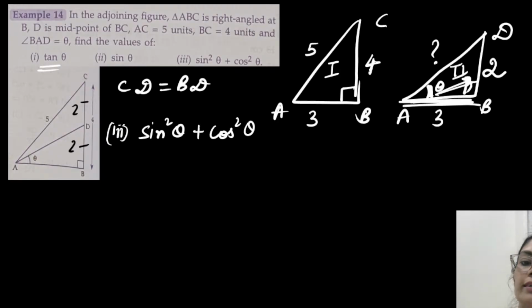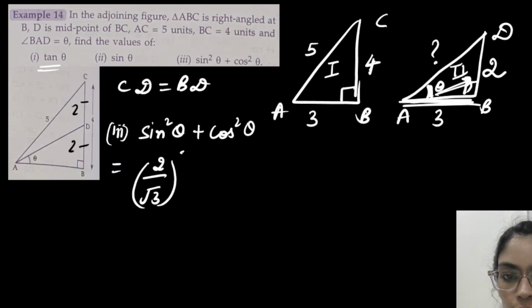Many times I have told you and we have done sine square theta plus cos square theta, it's a square relation. But now we don't have that relation, we have to prove it. Sine square theta's value we already found: 2 by root 13, whole square.